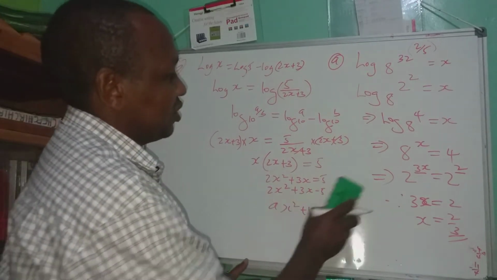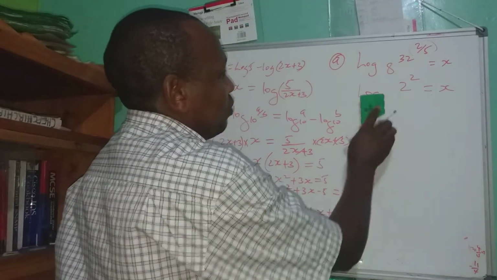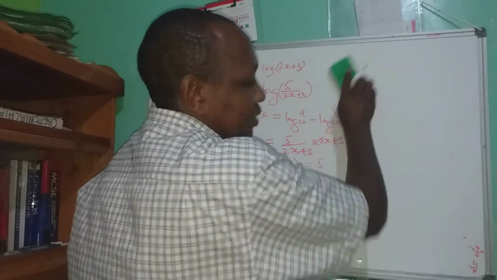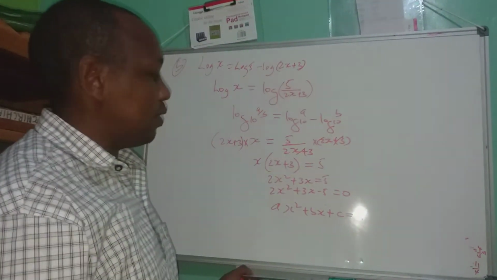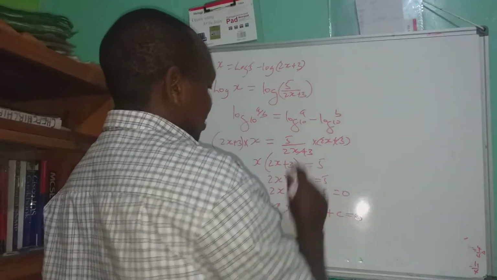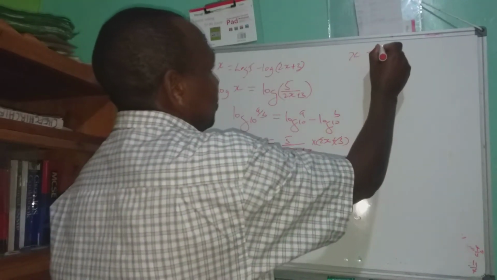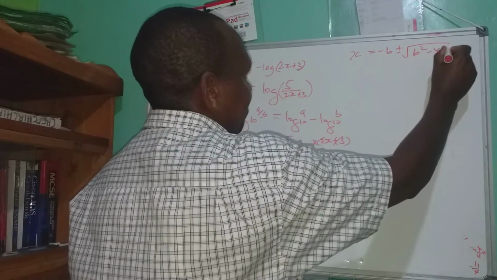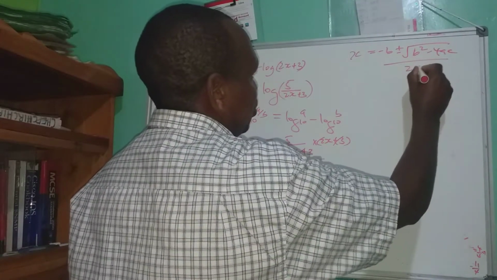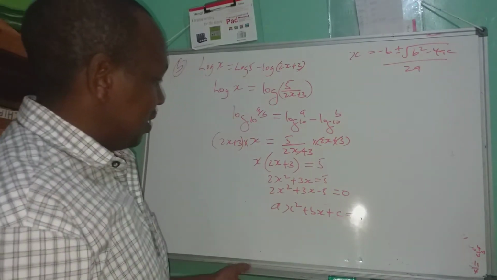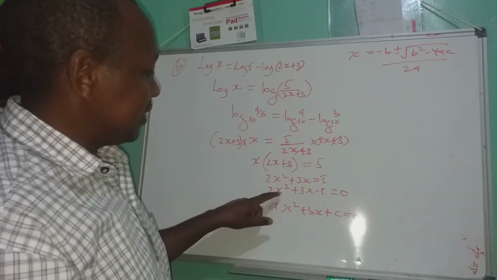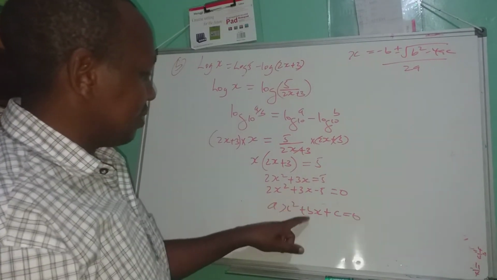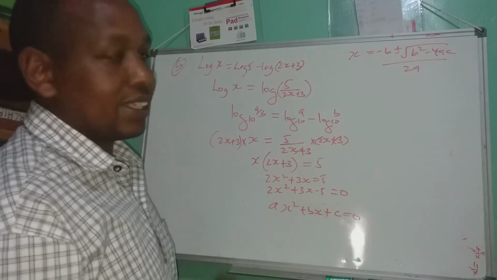And we know that we can solve this either by completing the square or by using the formula. Let's use the formula. The formula for this is x equals to negative b plus or minus square root of b squared minus 4ac, divided by 2a. A in our equation is 2, b is 3, c is negative 5.